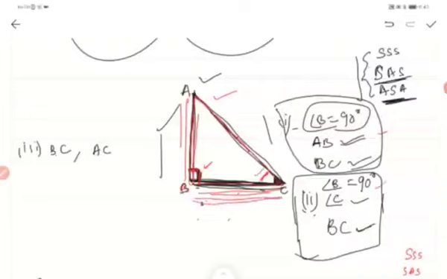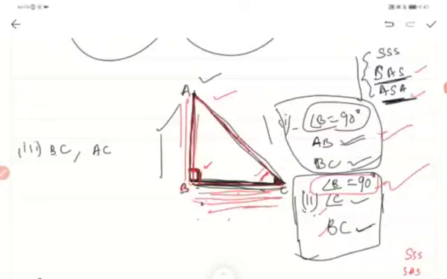So if these three measurements are known, angle C and angle B and the side, we could find the congruent triangle for this right angle triangle. So you have these two rules, SAS and ASA, criteria or rule you can say.